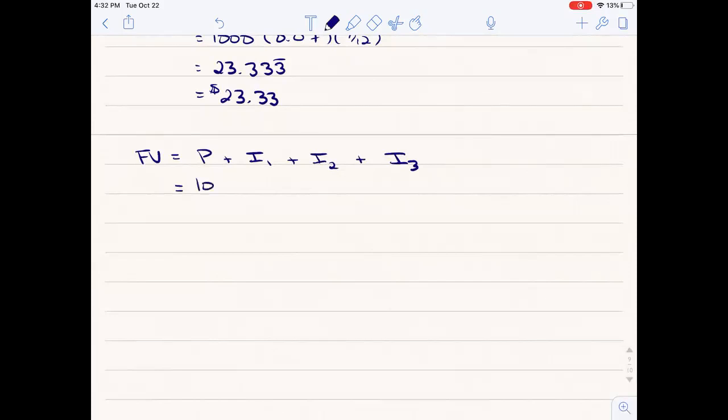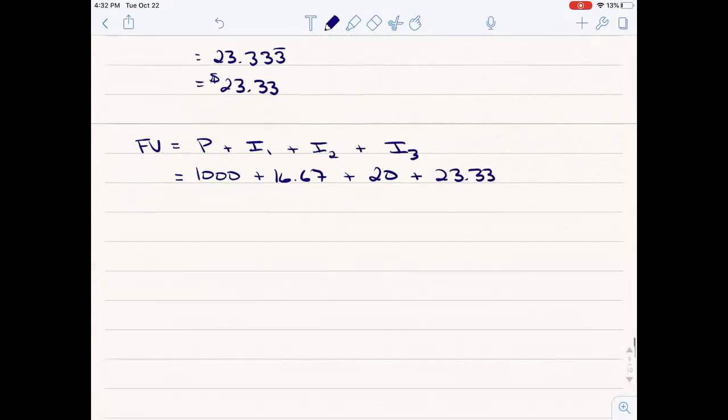Which is 1,000 plus I1, which was 16.67, plus I2, which was 20, plus I3, which was 23.33. Adding these all up, I get an even $1,060.